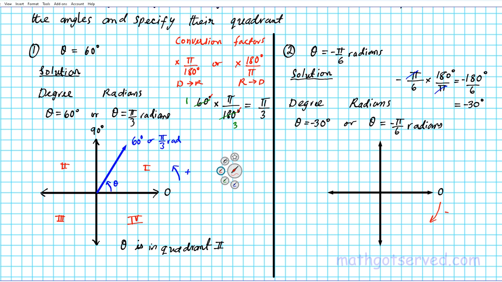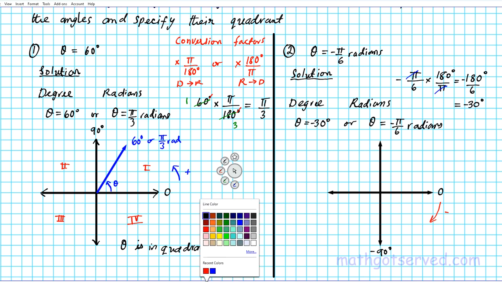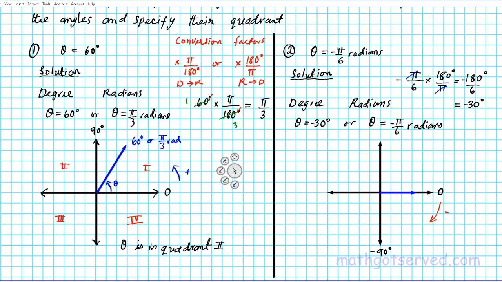All right, so we're looking for negative 30 degrees. If we rotate a quarter of a circle, that would take us all the way to negative 90. Do we keep going or do we back up? We definitely need to back up, right? Because negative 90 is smaller than negative 30. Okay, so if we start from 0 degrees and then we rotate 90 degrees, that's negative 90.